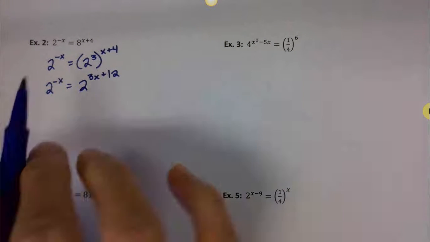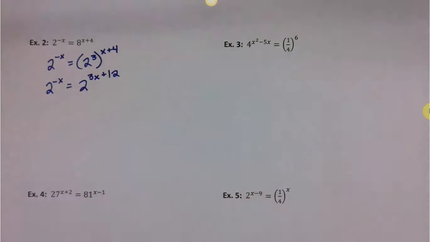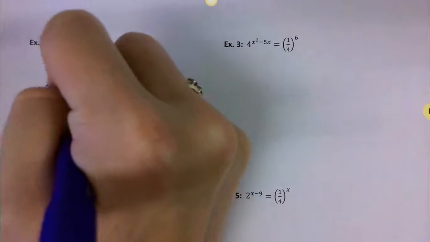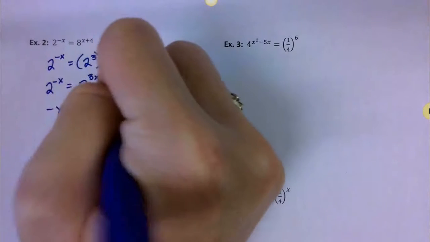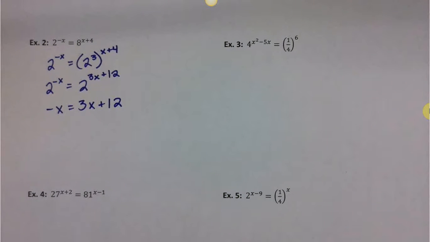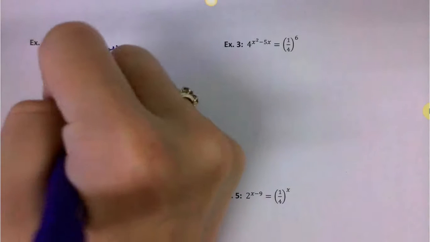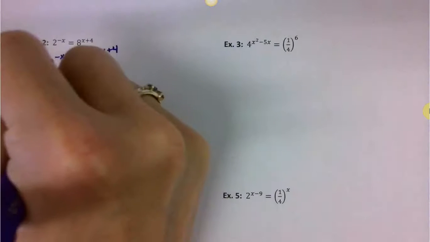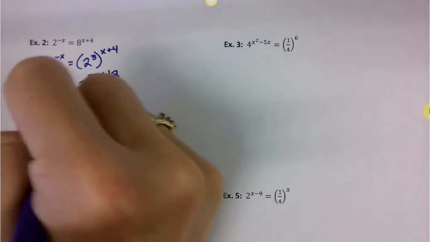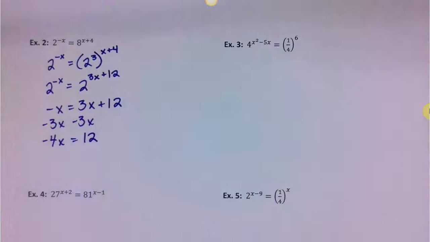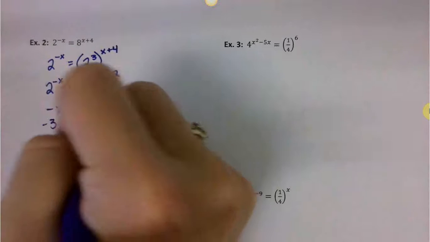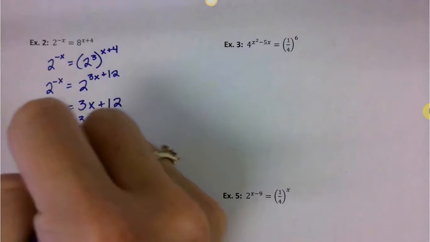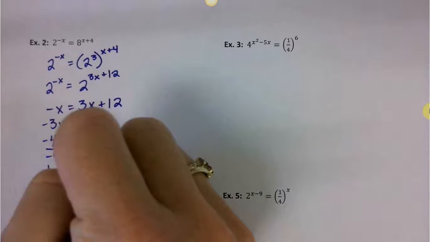And now that we have that common base of 2 on both sides of the equal sign, we can set the two exponents equal to one another. And again, we're back to solving just a simple linear equation. Subtract 3x from both sides and divide both sides by negative 4, and we end up with x equals negative 3.